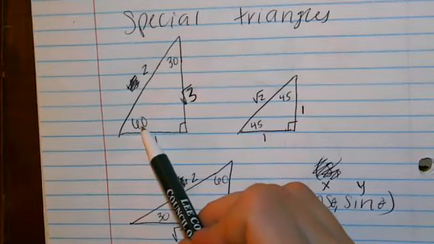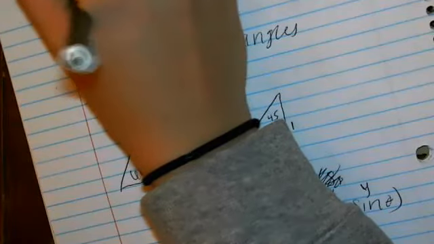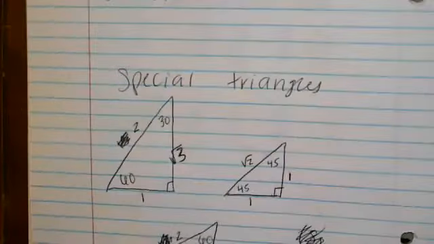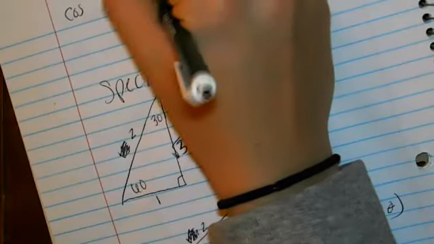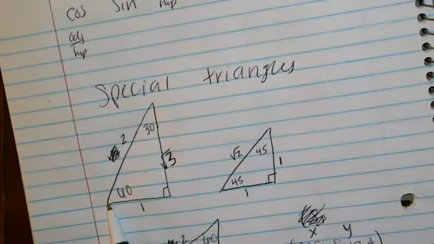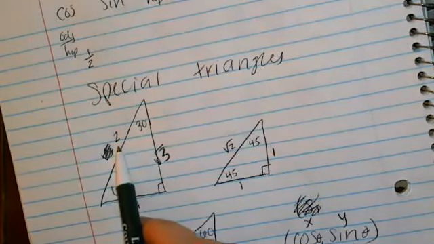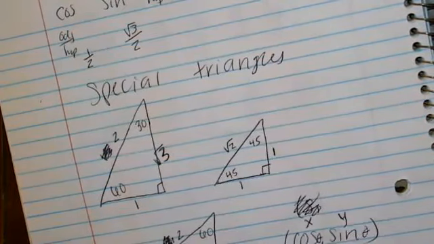60 in the corner. If we're trying to make a cosine, sine, again, sine is opposite over hypotenuse, cosine is adjacent over hypotenuse. So cosine first. We're the little guy standing in this corner. Adjacent to me is 1, hypotenuse is 2. Sine, opposite me is root 3, hypotenuse is 2.